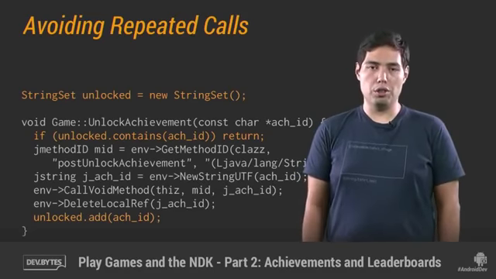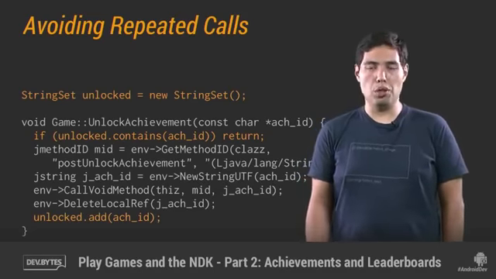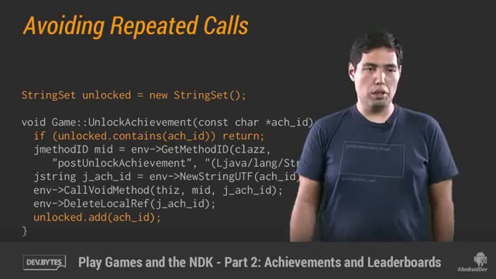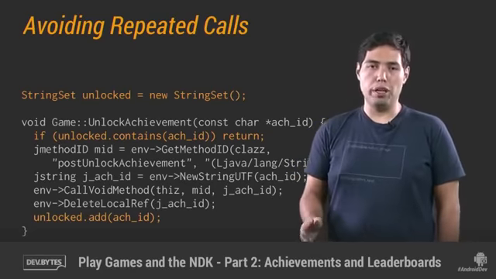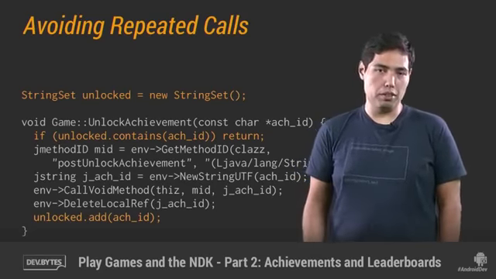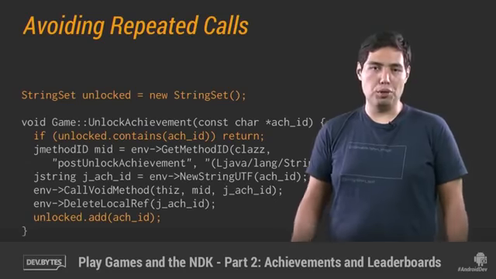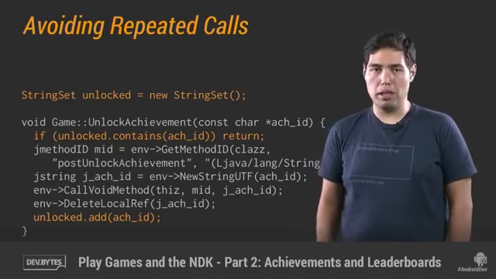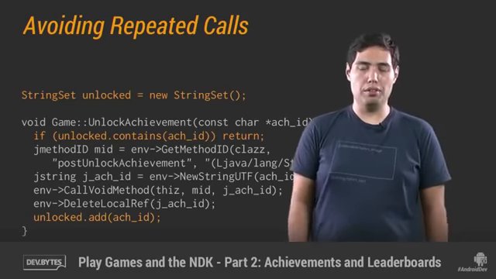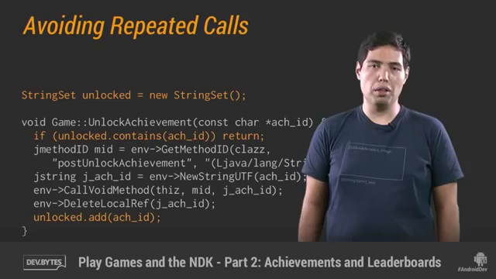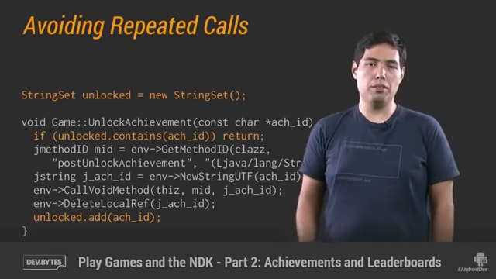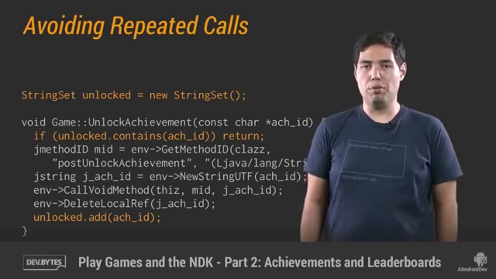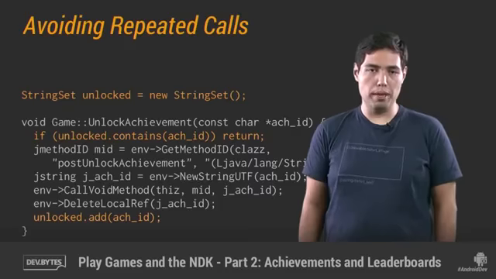Whenever you try to unlock an achievement that you have unlocked, you can just return and not do anything. We can do that using something like the string set class, which is great in every way except the fact that it doesn't exist. So you actually have to implement your own string set structure in C++ in any way that you wish. You can use the standard template library, or you can use your own class. The important thing is to avoid making JNI calls on every frame. This is one of the methods you can use to do that.